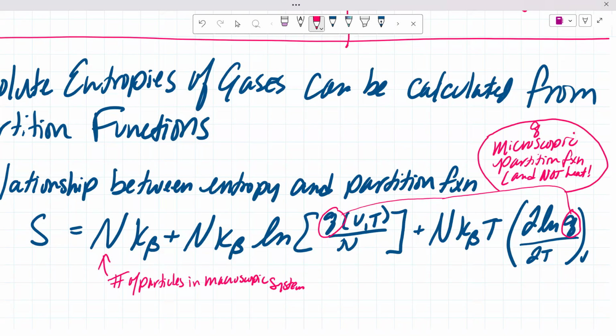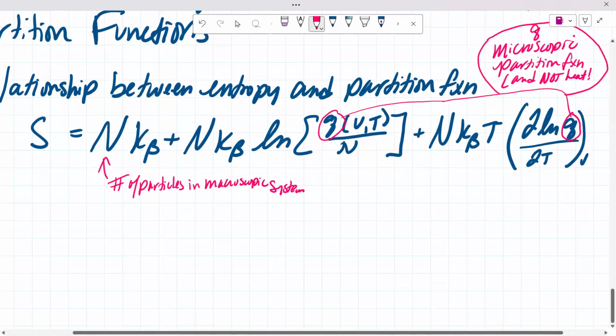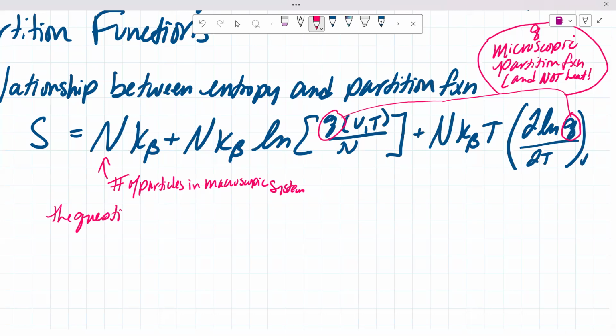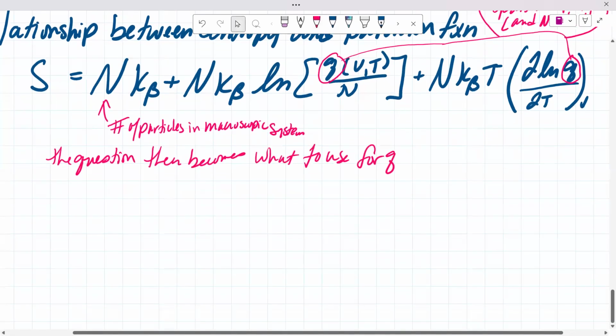The question then becomes what to use for Q. How should we represent the partition function? We have a couple of choices.